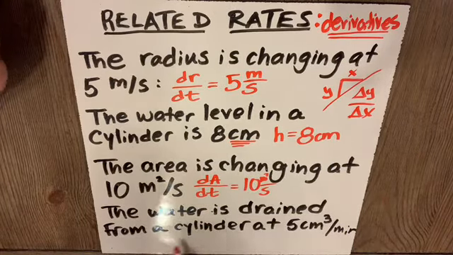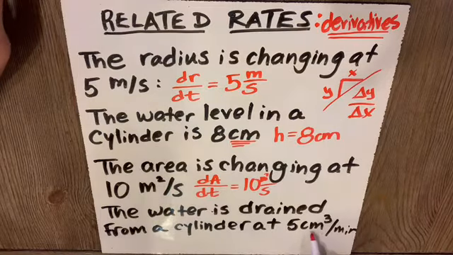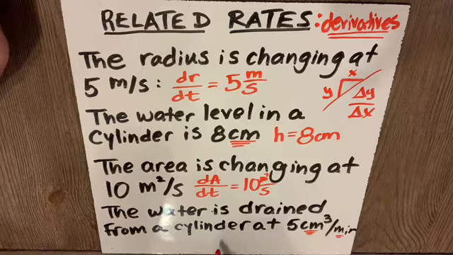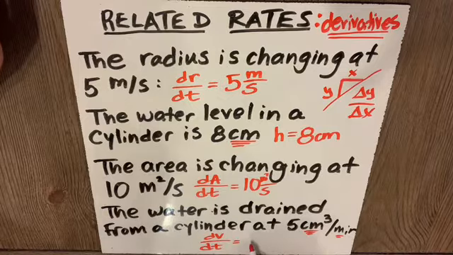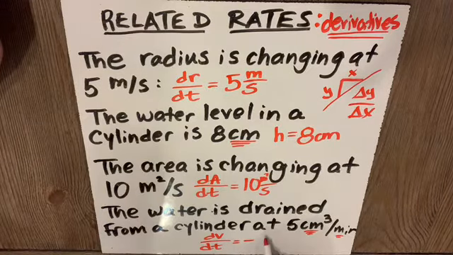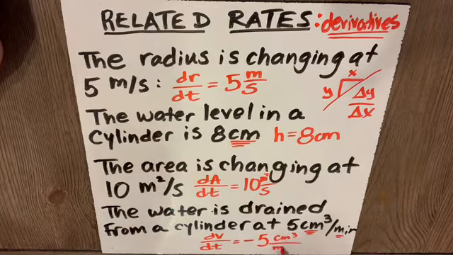The water is drained from a cylinder at 5 cm cubed per minute. Well, that's a rate. So dV/dt is equal to, because it's being drained, it's going down, we have a negative rate. Negative 5 cm cubed per minute.